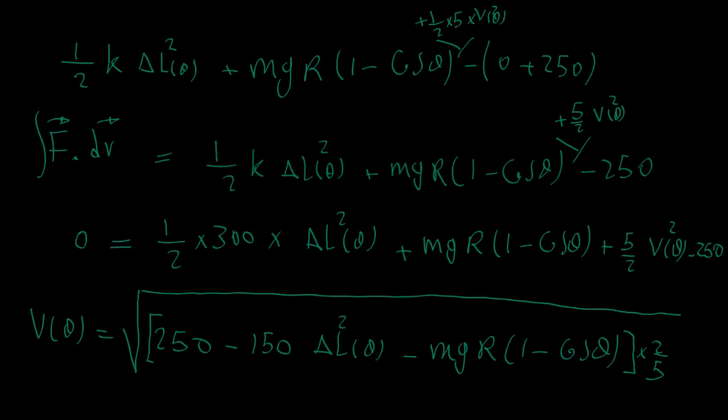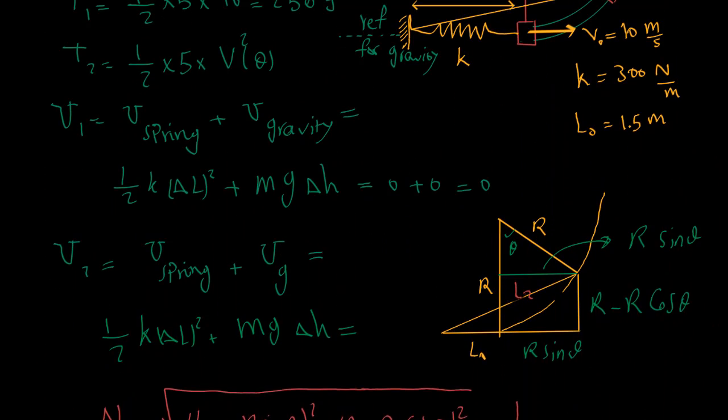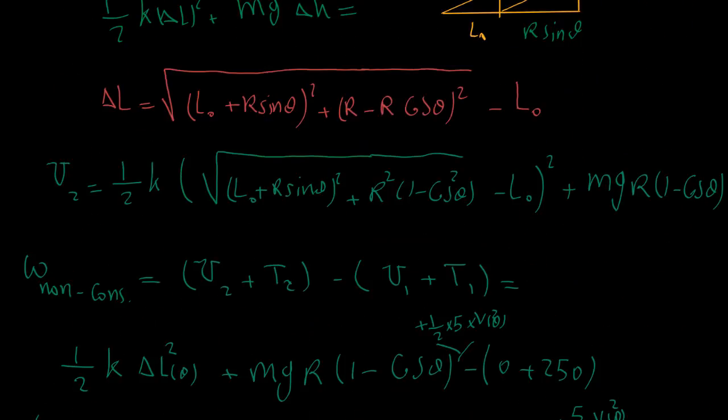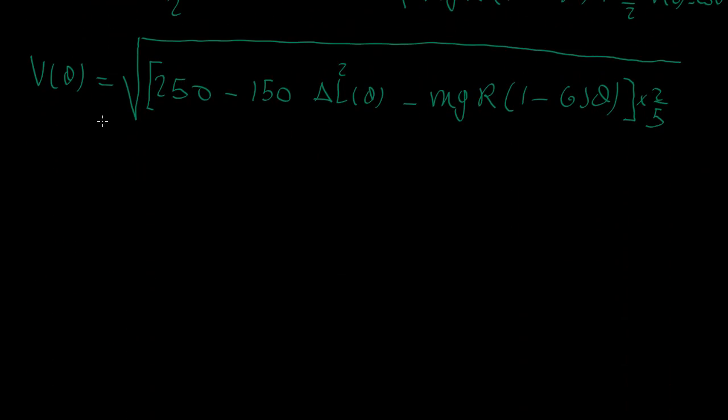We also want to see how high the particle would go. If we give this initial velocity to the particle, how high on the semicircle would the slider go? If we are looking for that point, we know that at the end point, if the particle goes up to its maximum, the velocity would be 0. So it is enough to substitute v theta equal to 0 into this equation.